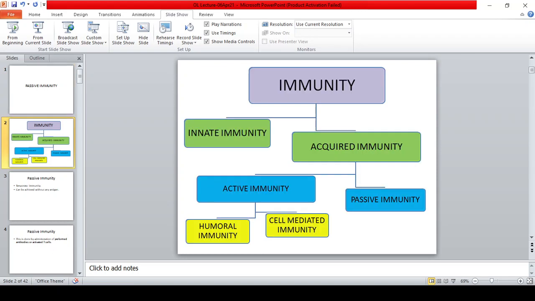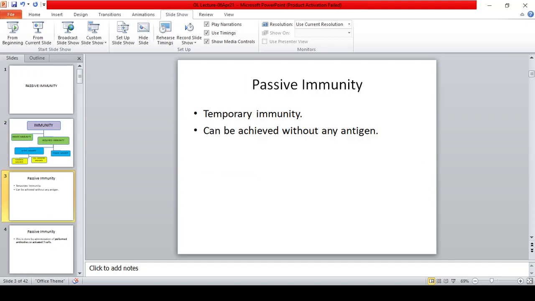Passive immunity, as you can see, is a branch of the acquired immunity, but it's different from the other branch, which is the active immunity, in that it is a temporary immunity and it can be achieved without any antigen being presented to the body.